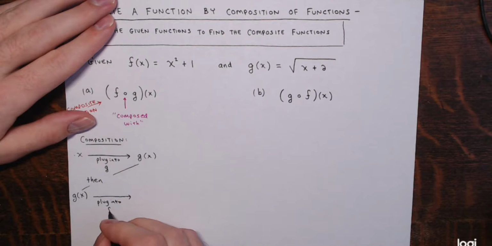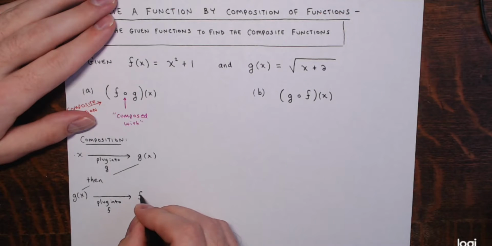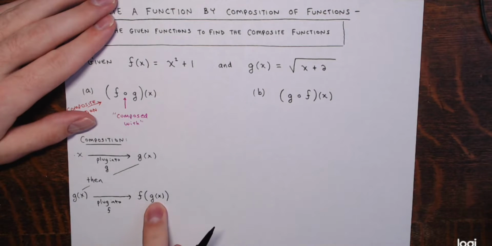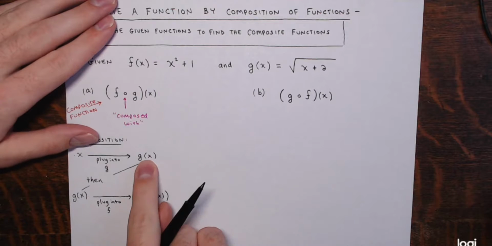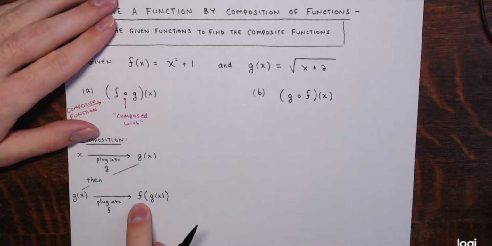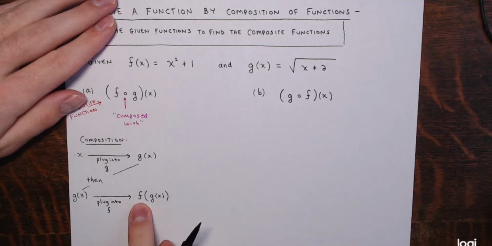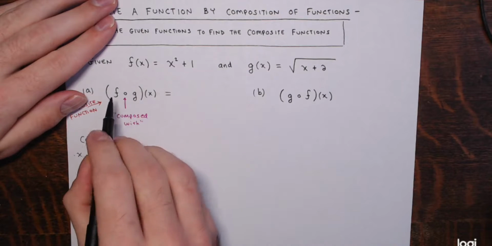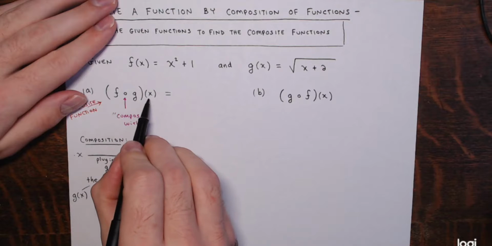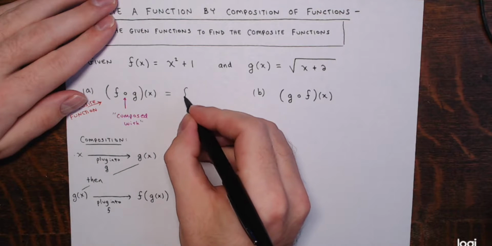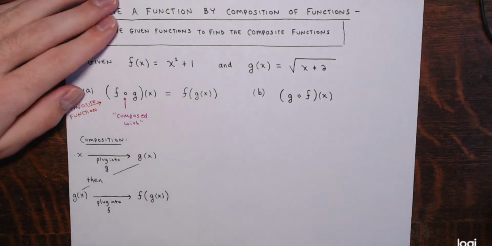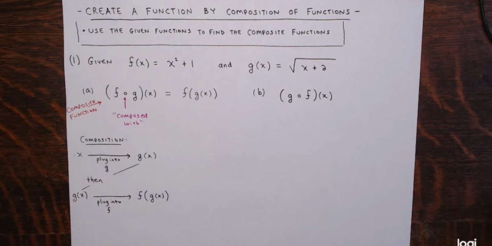Plug into f, which will give me f of g of x. Right, so the output from g becomes the input for f. And in fact, what I've just written here is another way to write function composition. So f composed with g at x is the same as saying f of g of x, like this with all the parentheses. They mean the same thing.